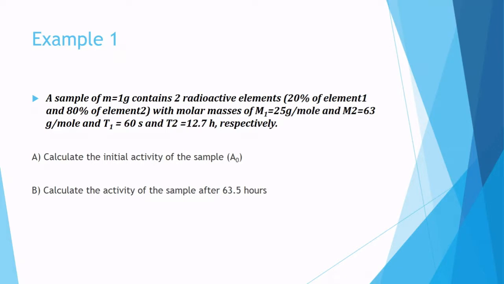The half-life of element 1 is 60 seconds, and the half-life of element 2 is 12.7 hours. We are going to calculate the initial activity of the sample and also calculate the activity of the sample after 63.5 hours.